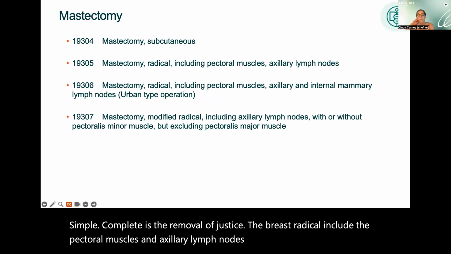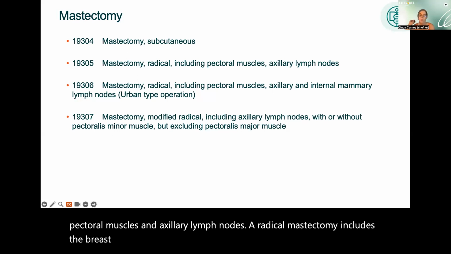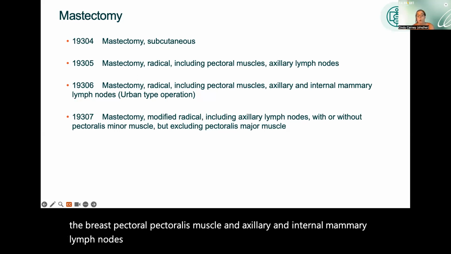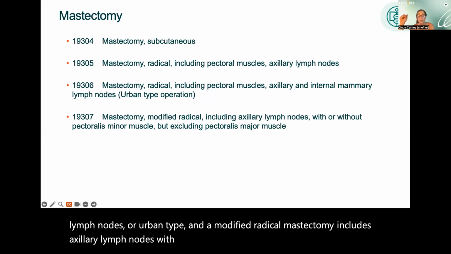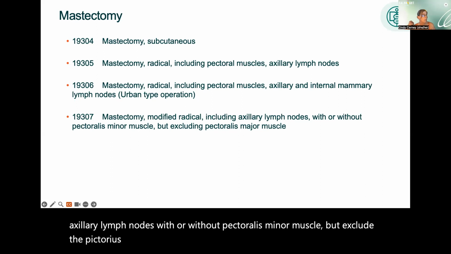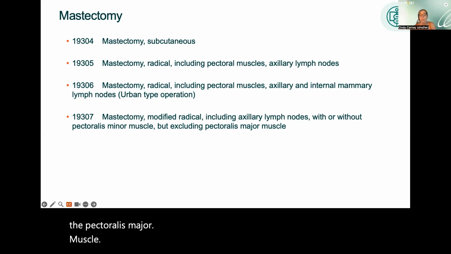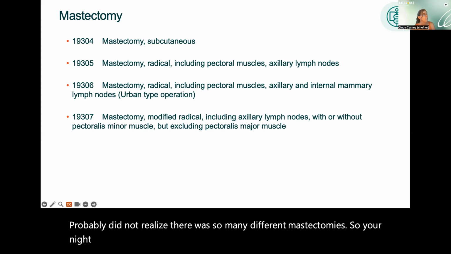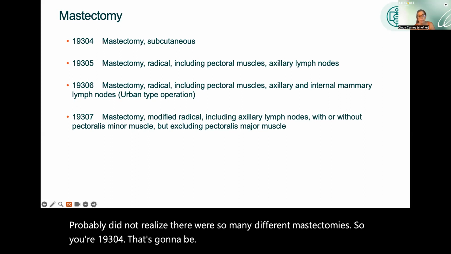A radical mastectomy includes the breast, pectoralis muscle, and axillary and internal mammary lymph nodes, or Urban type. And a modified radical mastectomy includes axillary lymph nodes with or without pectoralis minor muscle, but excludes the pectoralis major muscle. You probably did not realize there were so many different mastectomies. So your 19304, that's going to be the lumpectomy.